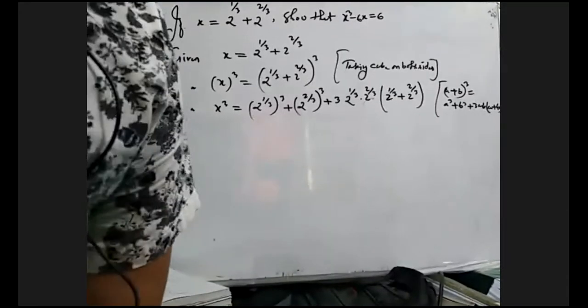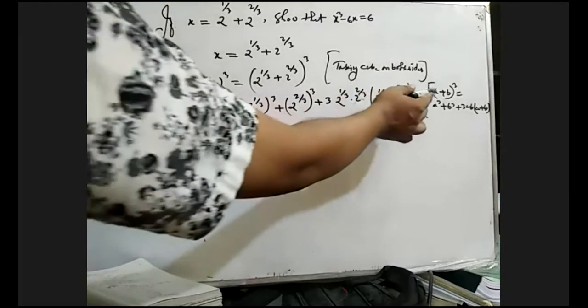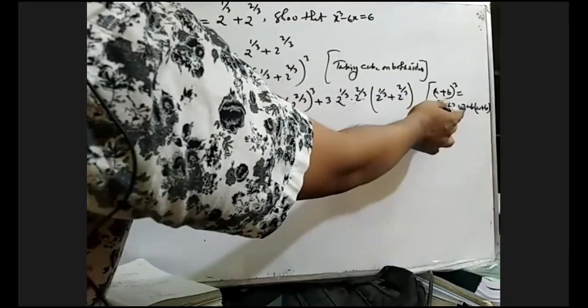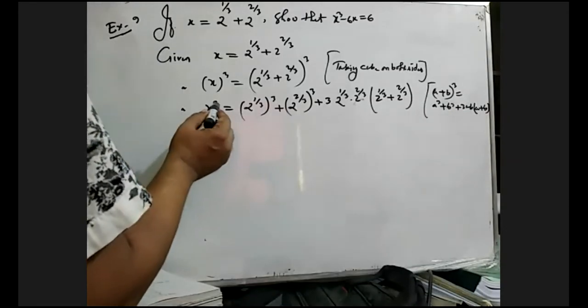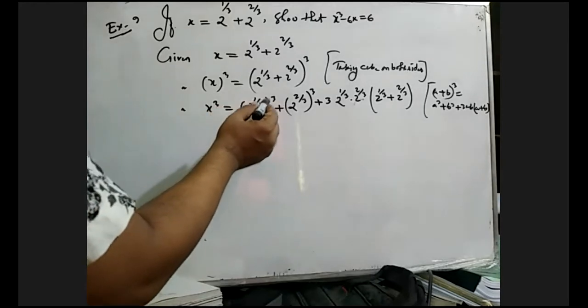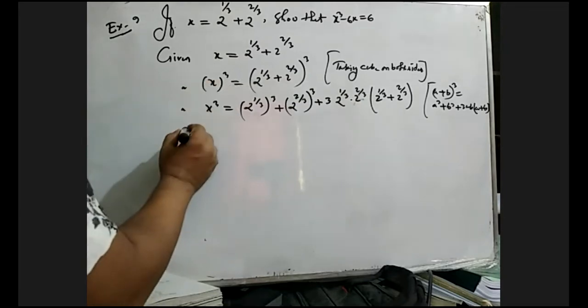Do you know this formula? So A plus B whole cube formula: A cube plus B cube plus thrice AB into A plus B. So x cube equals 2 to the power 1 by 3 whole cube plus B cube plus thrice AB into A plus B, just using this formula.